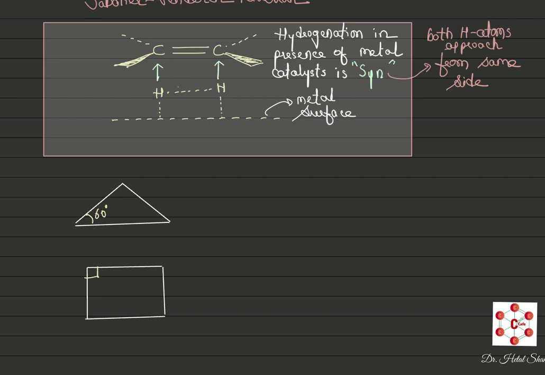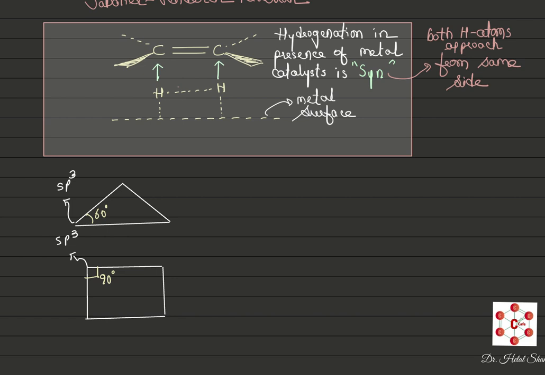What is the bond angle here? 90. What is the hybridization of the carbon out there? sp3. This is also sp3. What is the regular bond angle for sp3 hybridization? 109.5. That's a regular bond angle. And here, what do you see? The bond angle is very, very strained. One has become 60, one has become 90.